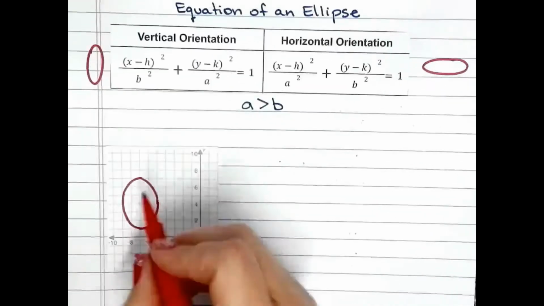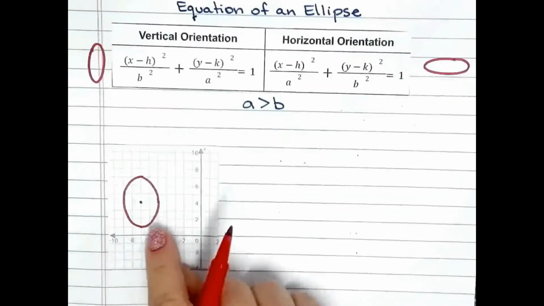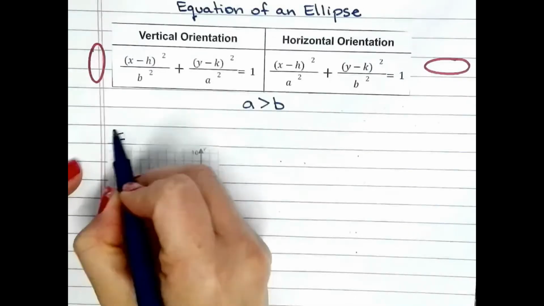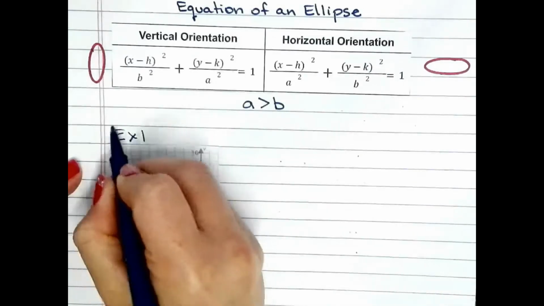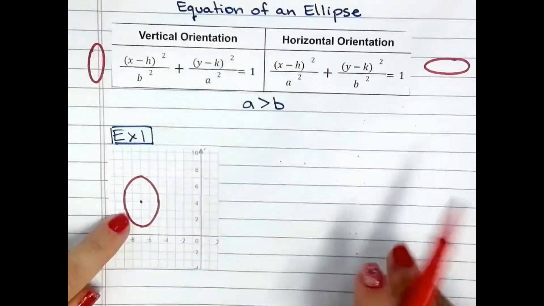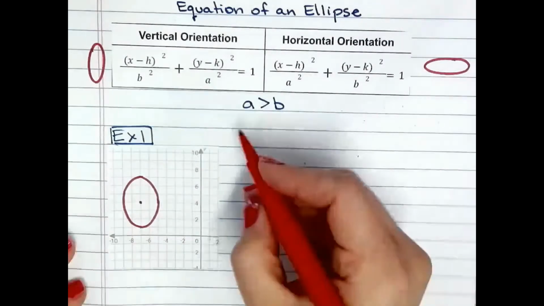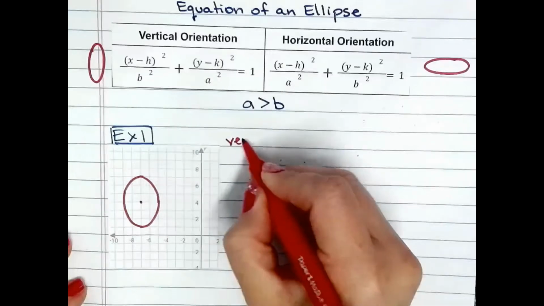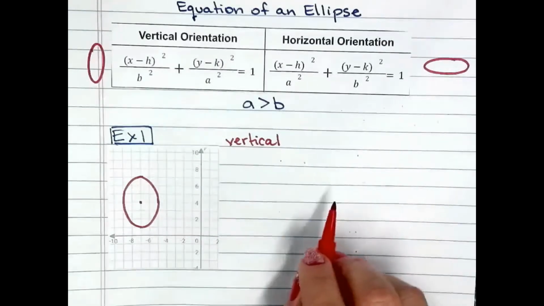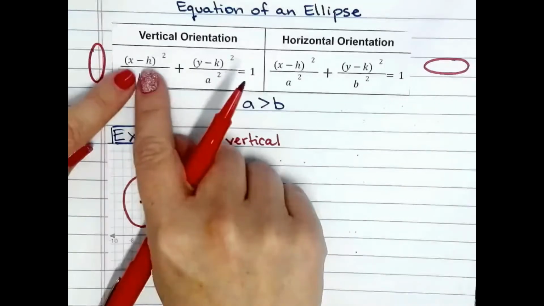Okay, here we go. So here I have my first example right here. I should have labeled it. So example 1. I have this ellipse, and it's definitely a vertical one. For everything, I need the center.